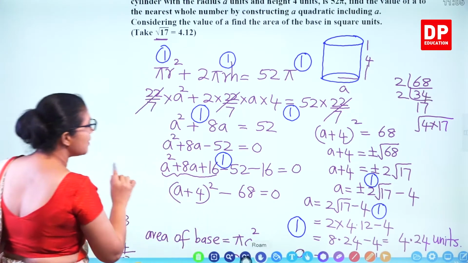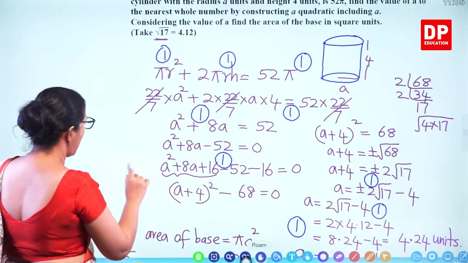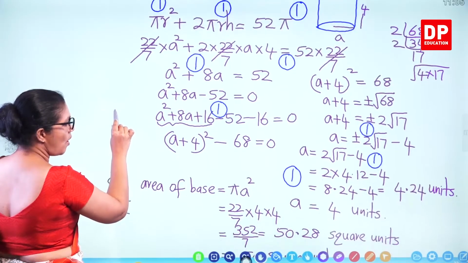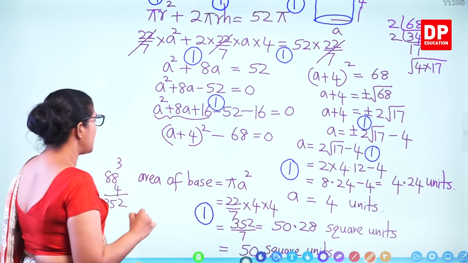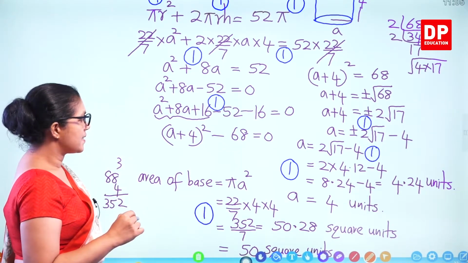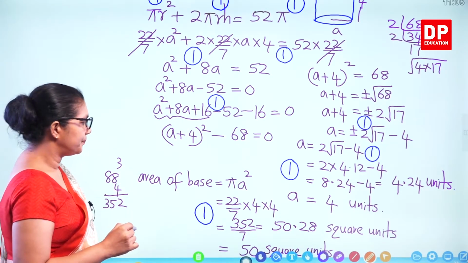And for the final part, 1 mark for final answer, area of the base. So altogether 10 marks for this question.